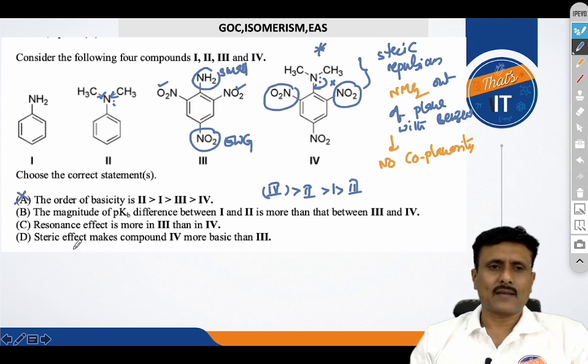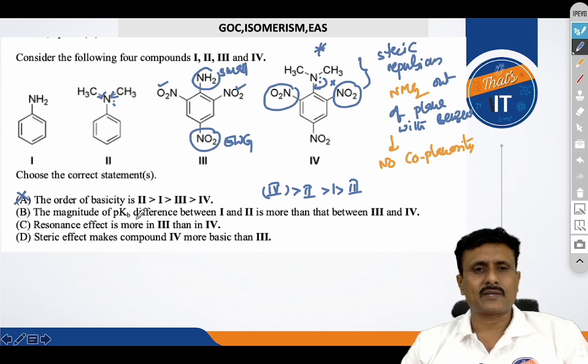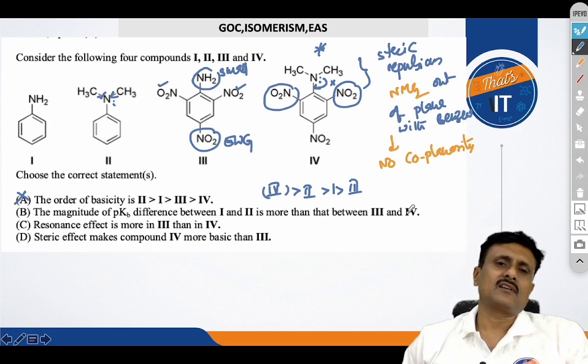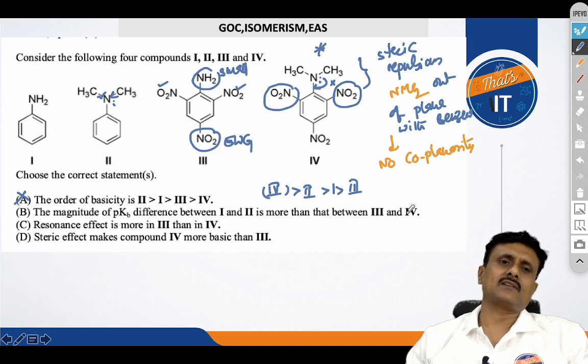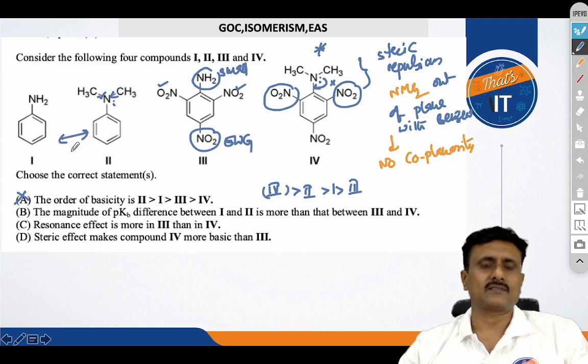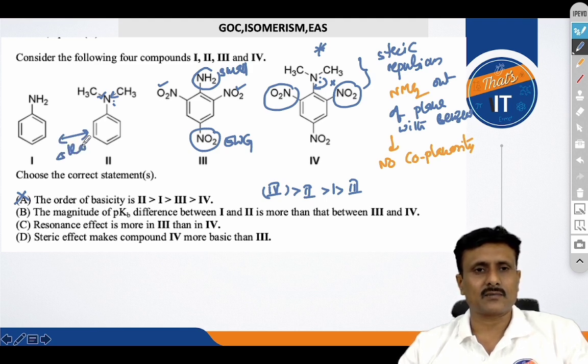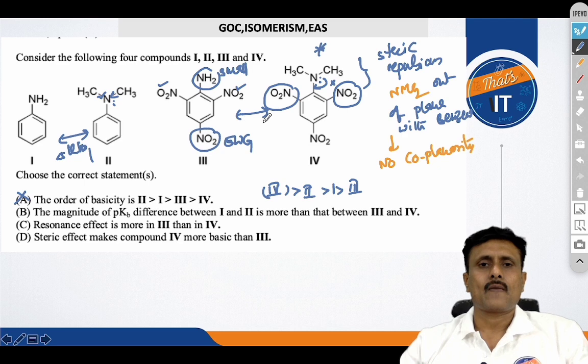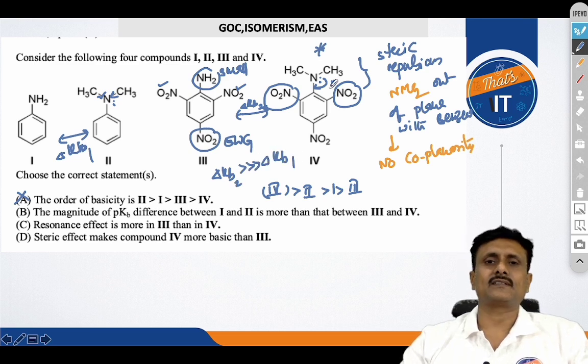That is wrong, absolutely. The magnitude of pKb difference between 1 and 2 is more than between 3 and 4. This is again a wrong statement, right? There is very little difference between these two. I'll call this delta Kb1, and this delta Kb2. As we know, delta Kb2 is far greater than delta Kb1, for the reason that this is very basic because of the steric repulsion.